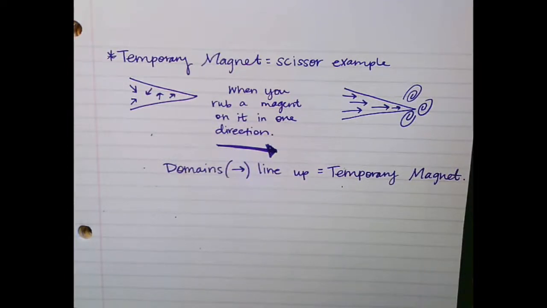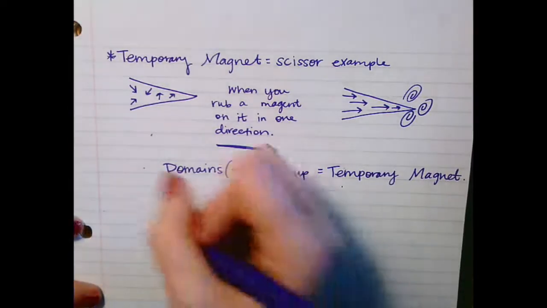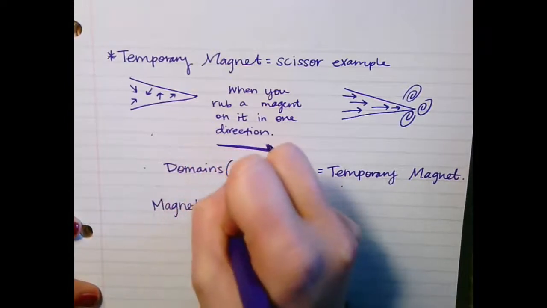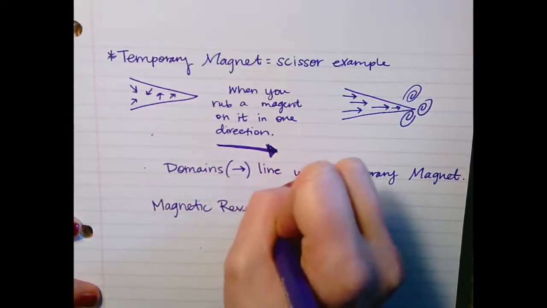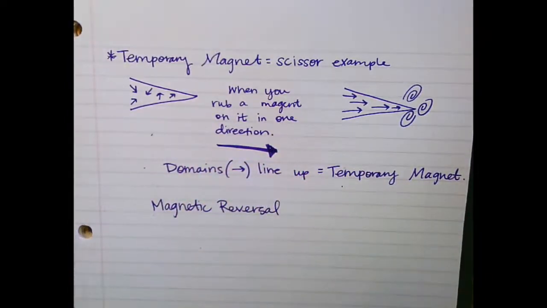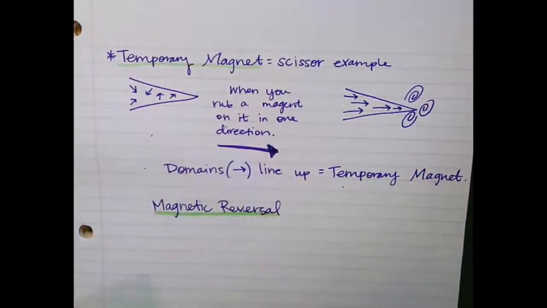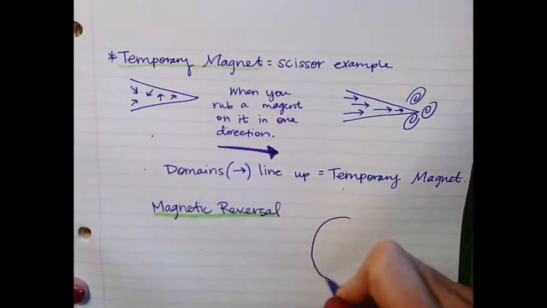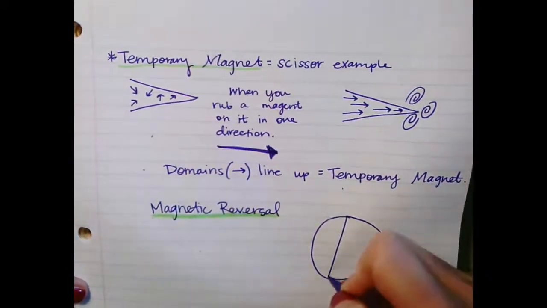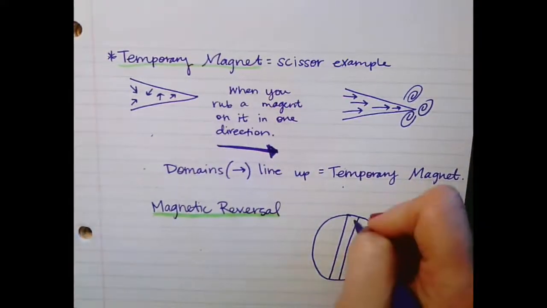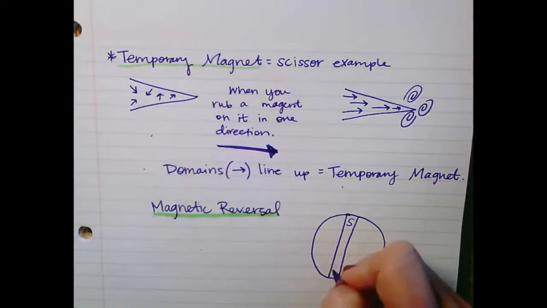Another topic that we've talked about is magnetic reversal. This seems to be a little bit more complicated, I would say, for kids to understand, but basically we have Earth, and there's essentially an imaginary magnet on the inside, and we have a south and a North Pole.